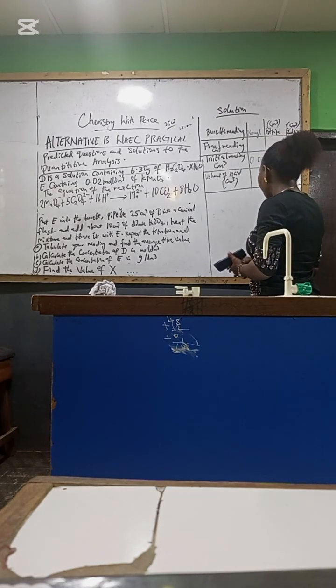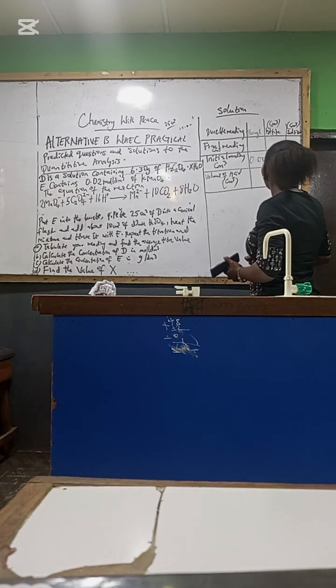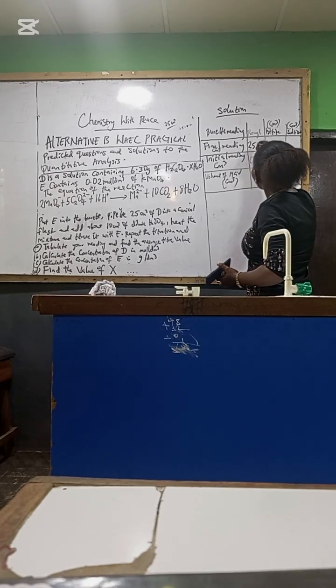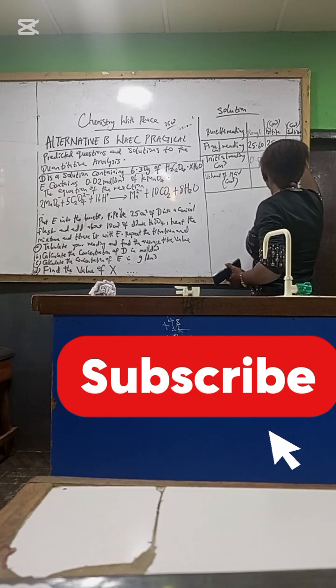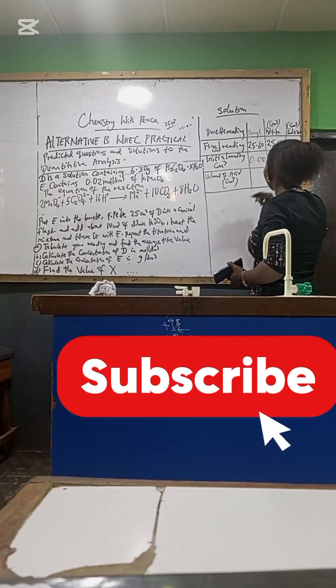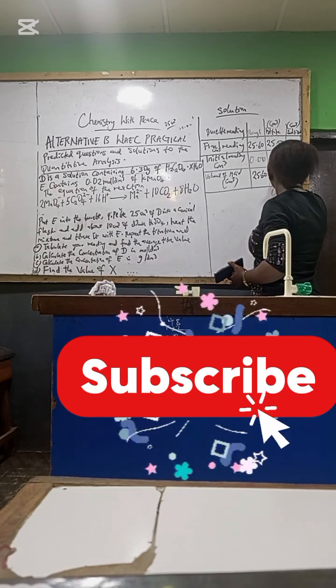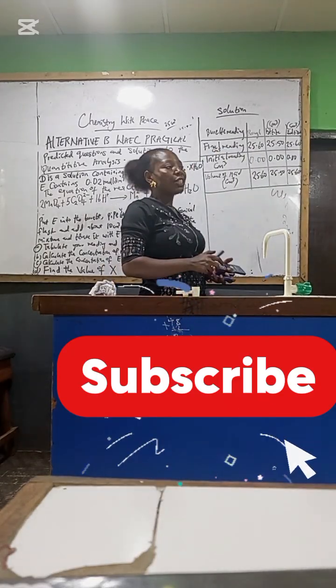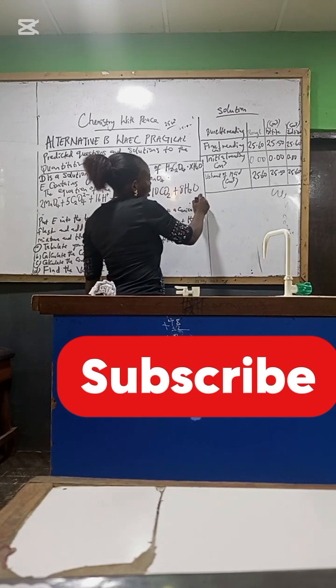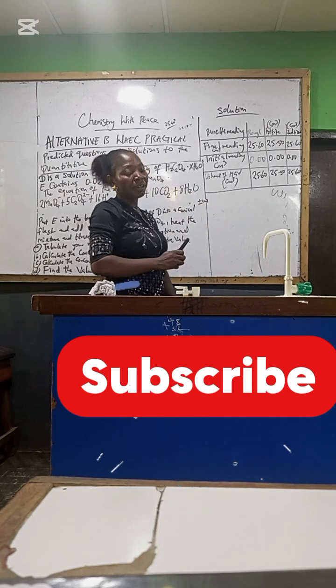So now I have 0.00. 25.50. Then, if you are tabulating your reading, make sure that the values are within the range plus or minus 0.2. It should not be far from that.